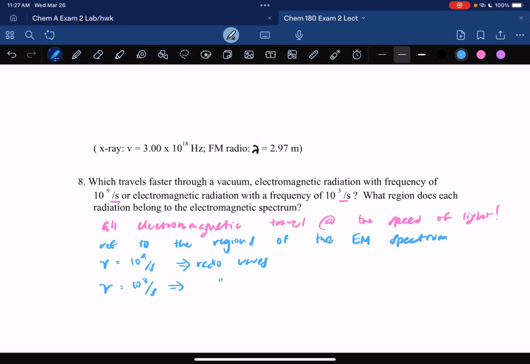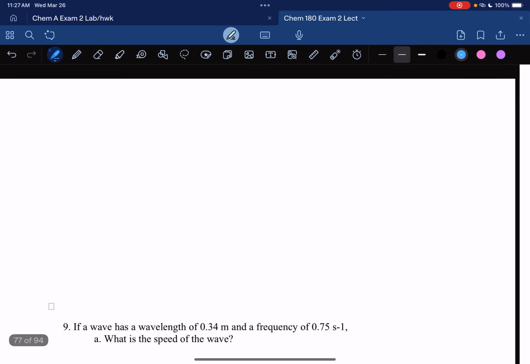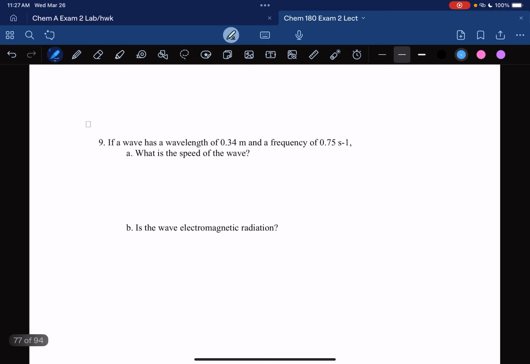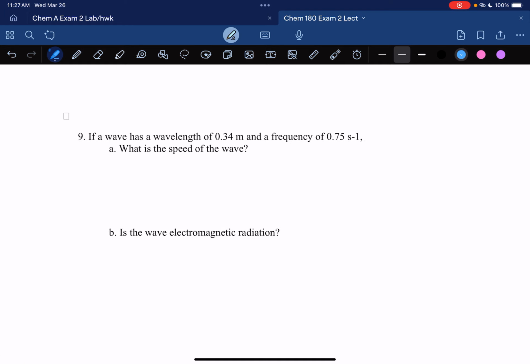Good question. Number 3, if a wave has a wavelength of this length and this frequency, what is the speed of this wave? Is that equal to 3.0 times 10 to the 8 meters per second? Is that right?